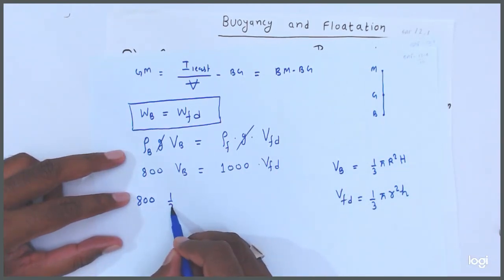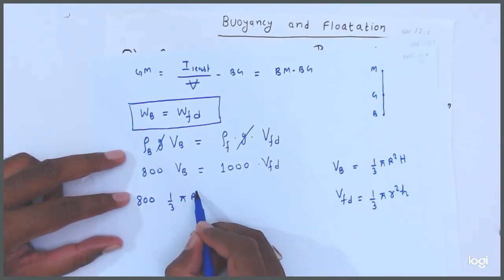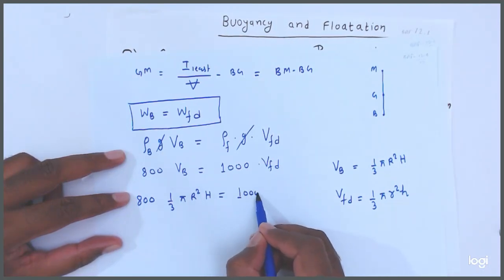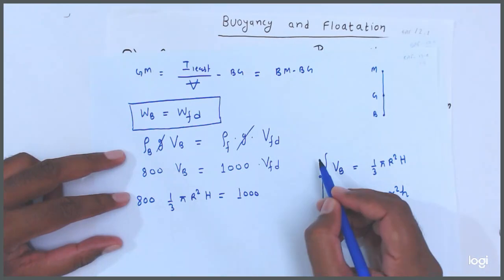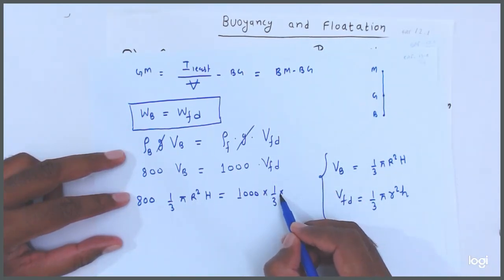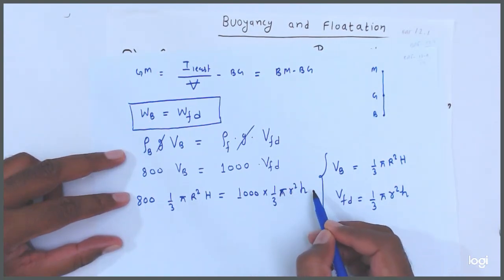1 by 3 into pi into capital R square into H equal to 1000 into 1 by 3 into, sorry, pi into small r square into small h.